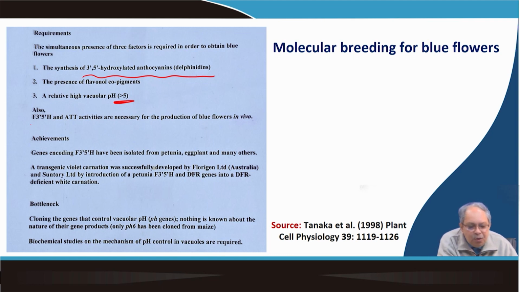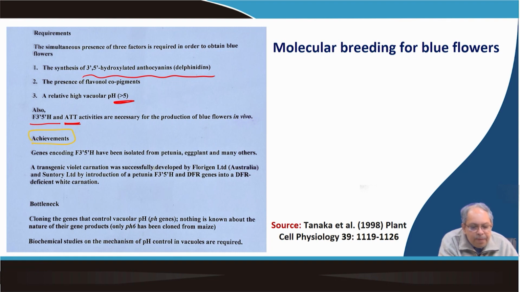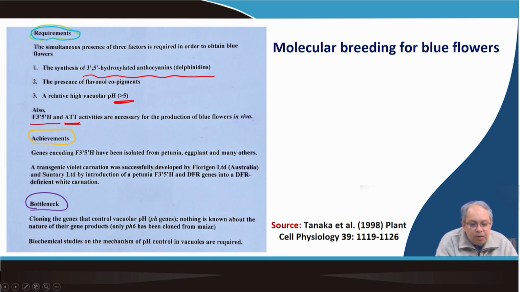Also, acyl transferase activity is necessary for producing the blue color. Now, this is the requirements, and this is the achievements and the bottlenecks.